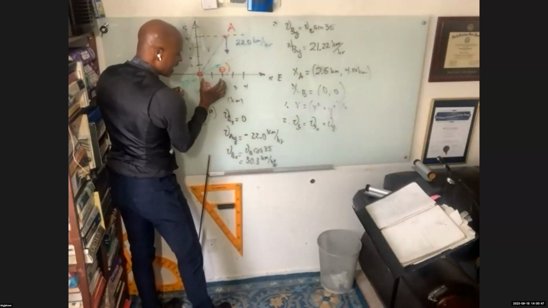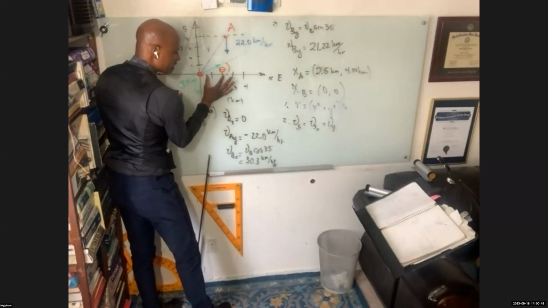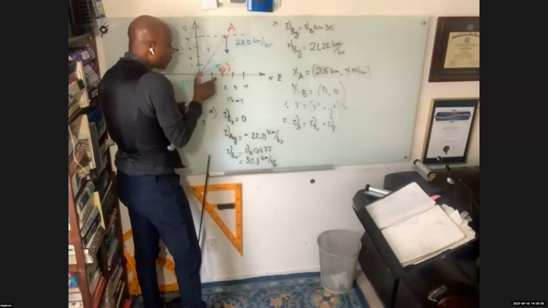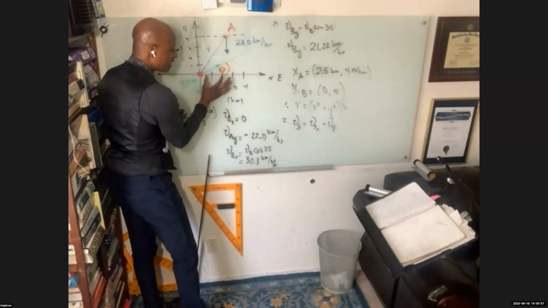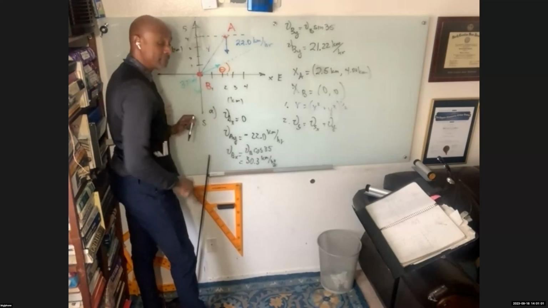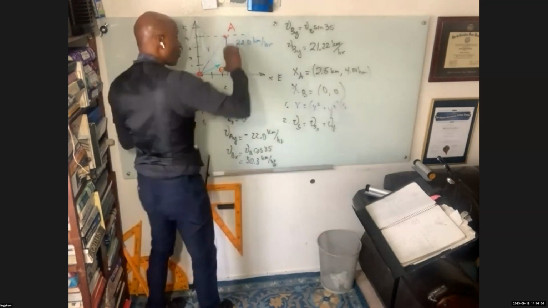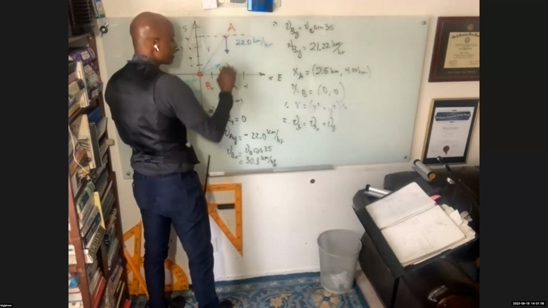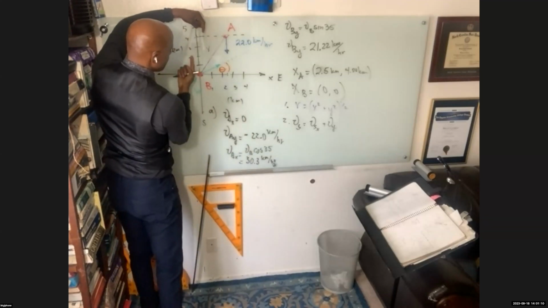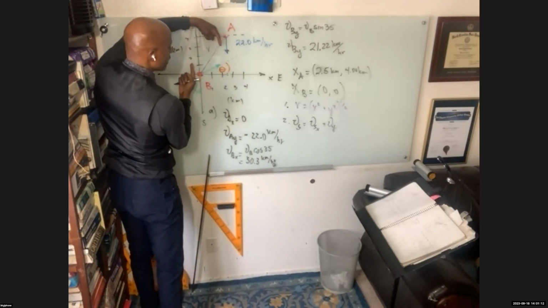But the x velocity of the space is how fast this x component is decreasing. Now, this thing doesn't have an x component. So the x component of the space is just going to be the x component of VB, whereas the y component of the space is going to be a combination of the y component of B plus the y component of A.